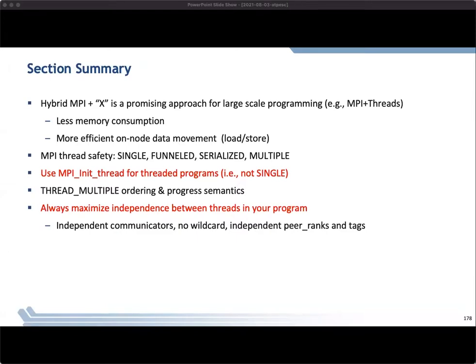Does it need threads, or is using threads beneficial to it? Because you also have to deal with the synchronization issues that come with threads themselves, regardless of whether you use MPI or not, if you're trying to use a multi-threaded model for your application.